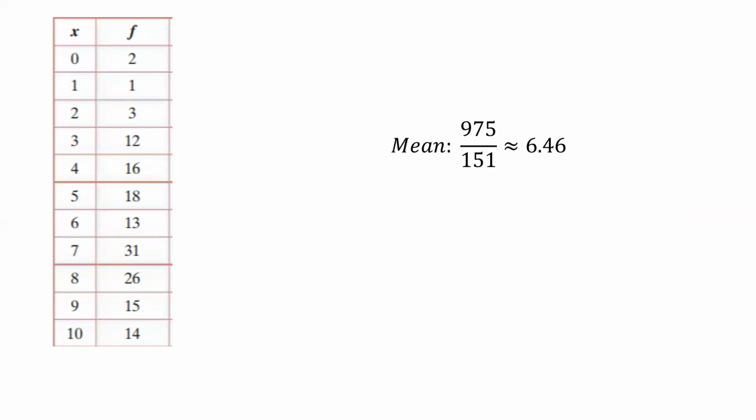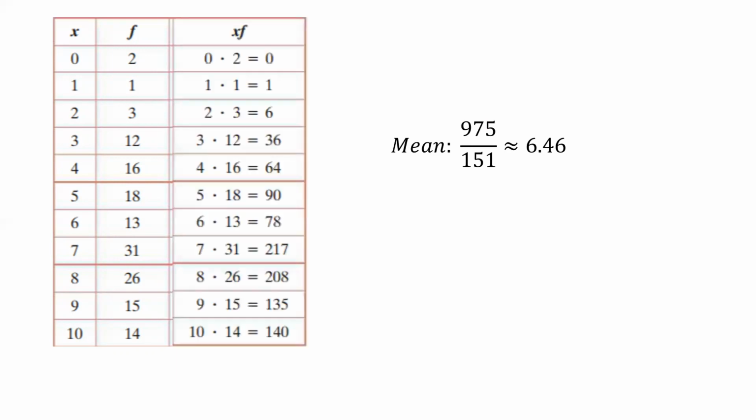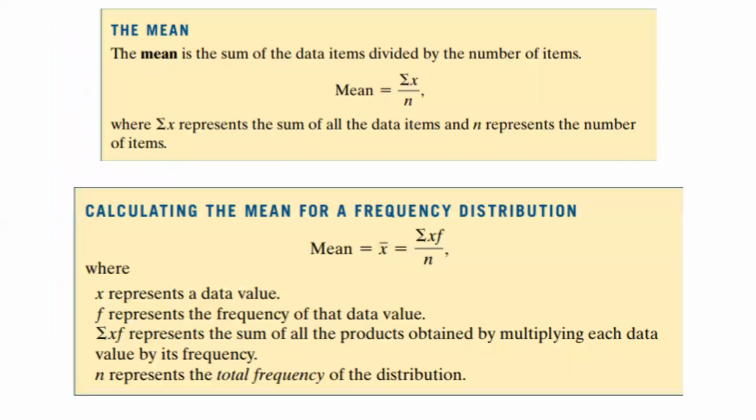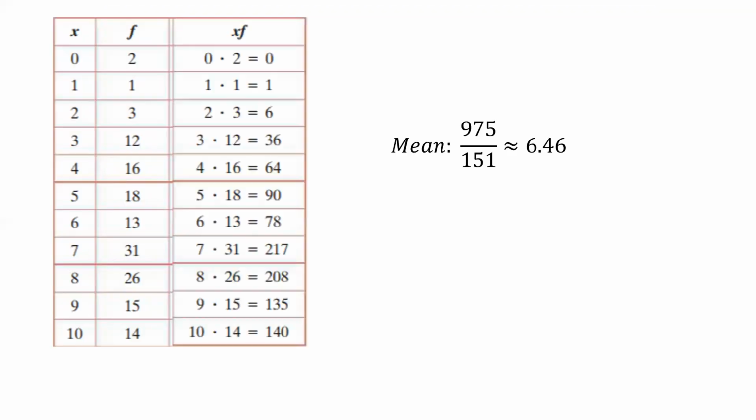I spun 0 twice, I spun 1 once, I spun 2 3 times, I spun 3 12 times, and so forth. To figure out my mean of a frequency distribution, I need to figure out how often something actually showed up.